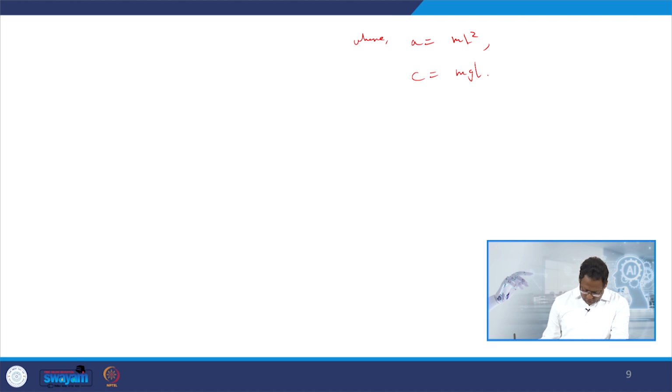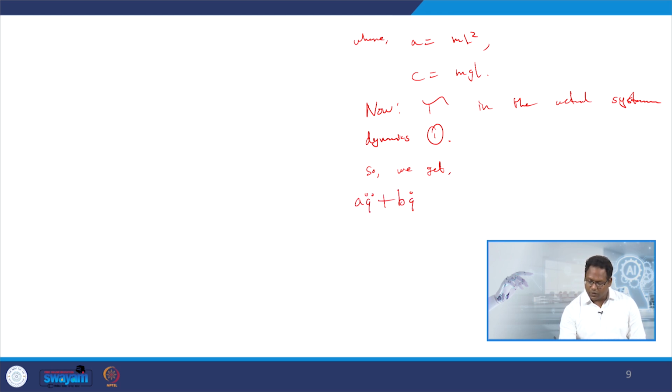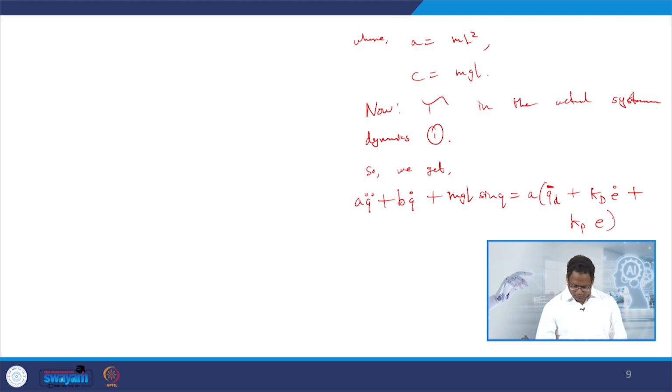So, now replacing the tau expression with this control law in the actual system dynamics that is given by equation 1, we get A q double dot plus B q dot plus mgl sin q is equal to A multiplied by (qd double dot plus Kd e dot plus Kp e) plus B q dot plus sin q multiplied by C. Okay.